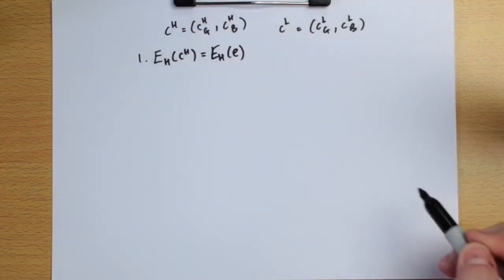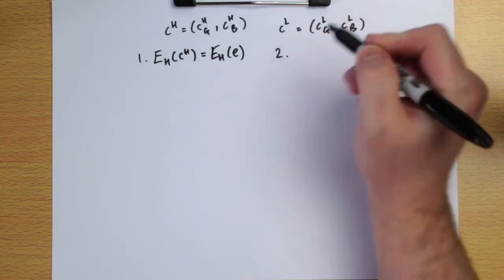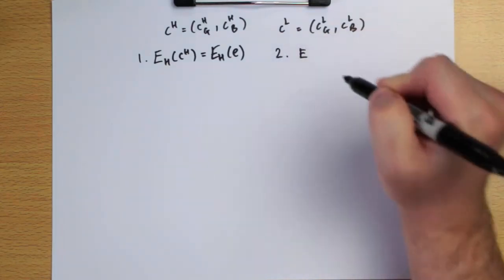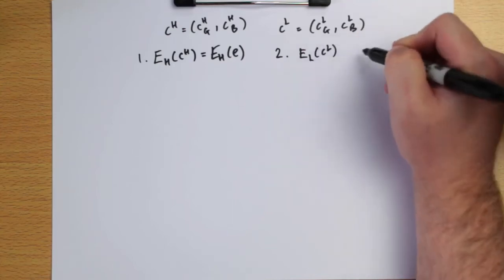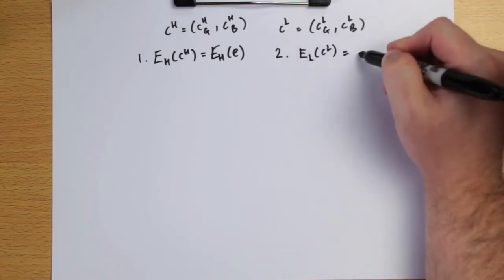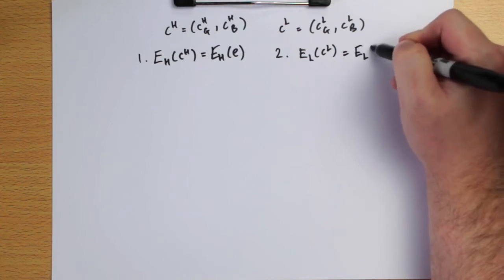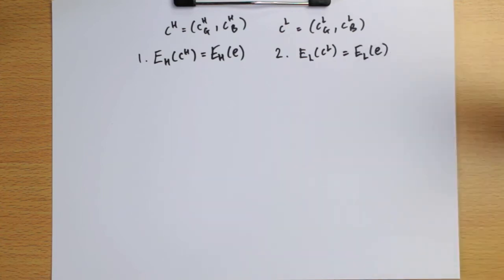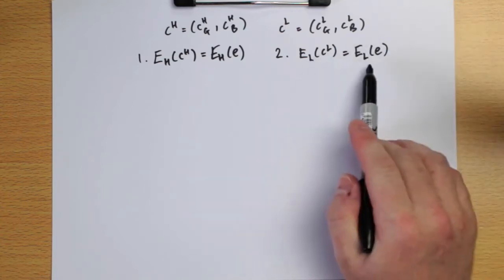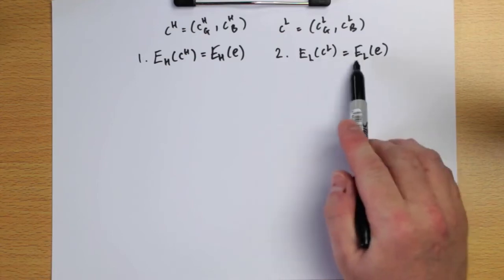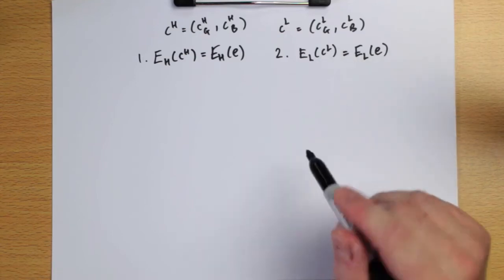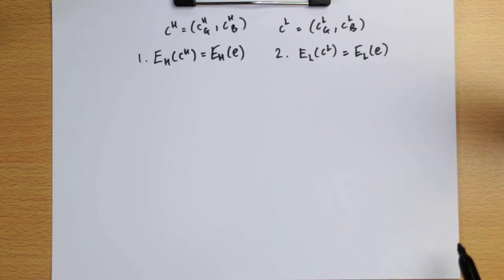So that could be equation 1. And equation 2, similarly, the low-risk contract, if I take its expected value under the assumption that only low-risk types are buying it, then that should give this equation, which says the expected cost to the firm is equal to the expected revenue. So it's a 0 expected profit condition.